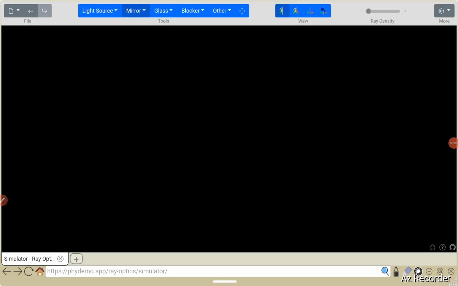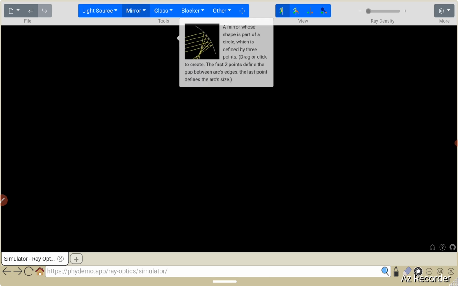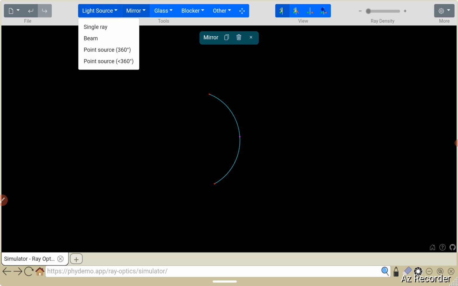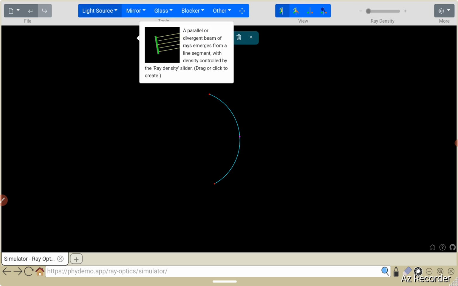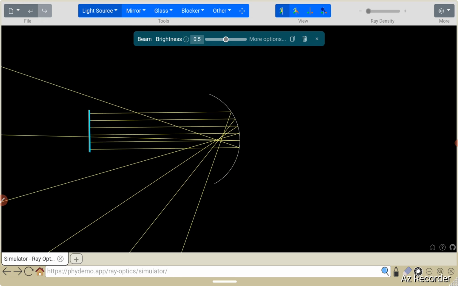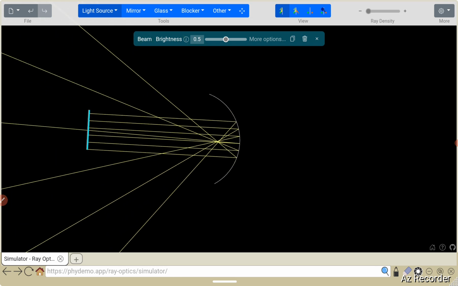Now let us understand the ray rules for spherical mirrors. Let me take the mirror. First we will see the concave mirror. Now with a parallel beam we have seen. Now also I am just taking a parallel beam only. With one ray also it will be passing through the same point, and if you take n number of rays, they all take the same point.